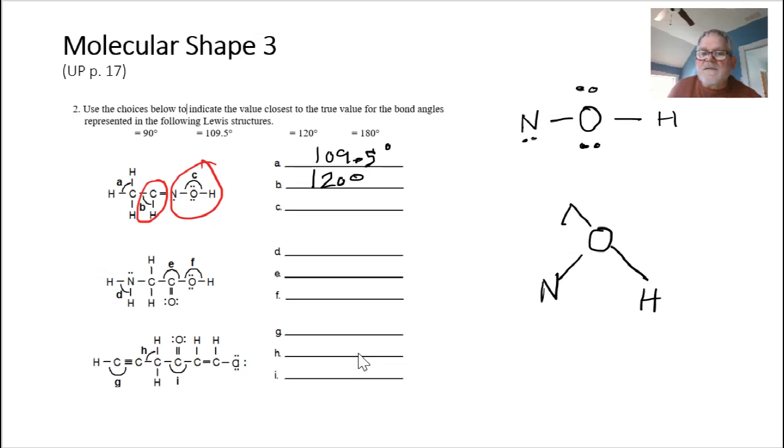Coming out of the plane of the paper, I've got 1 lone pair of electrons, and then going back into the plane of the paper, I've got the other lone pair. This is called bent. And the angle between the nitrogen and the hydrogen is 109.5 degrees.